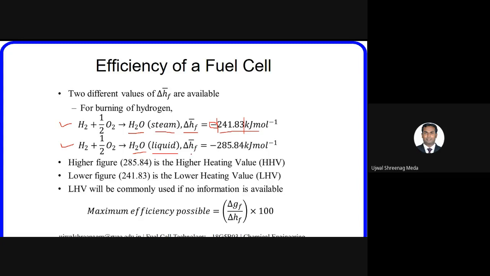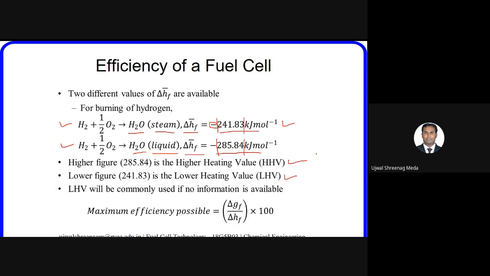In such a case, the delta HF will be minus 285.84. So again, if we take the magnitude, we get a higher value. So this is represented as HHV, or higher heating value, and the 241 when the water is in the form of steam is considered as LHV, lower heating value.